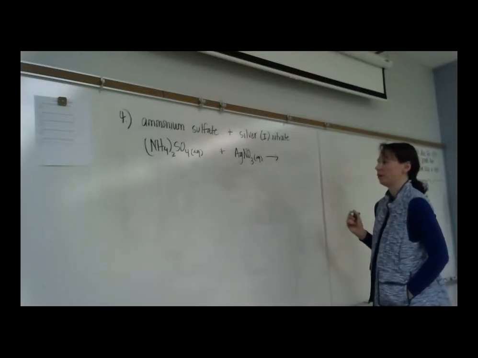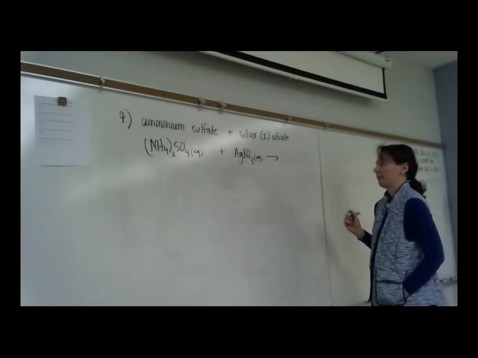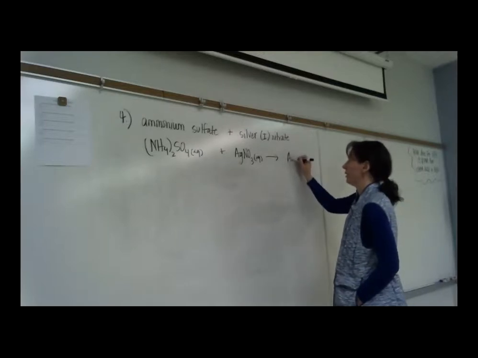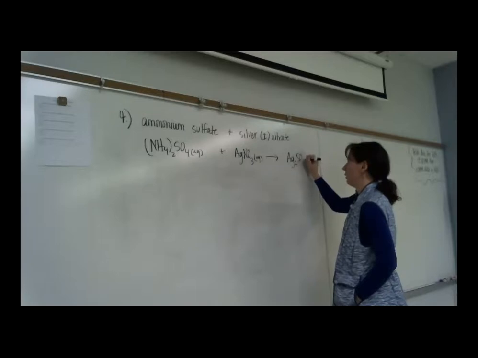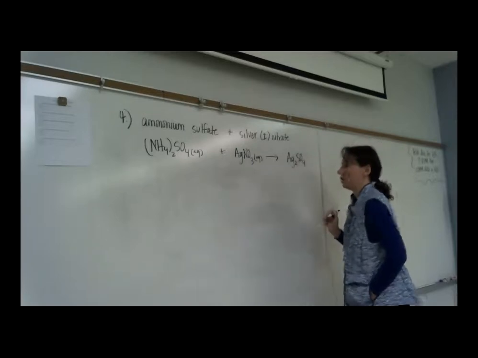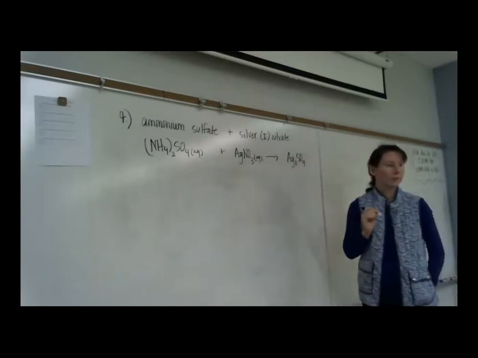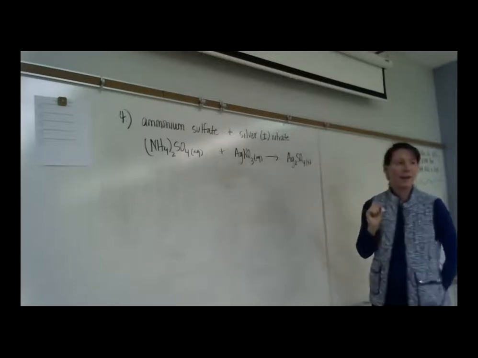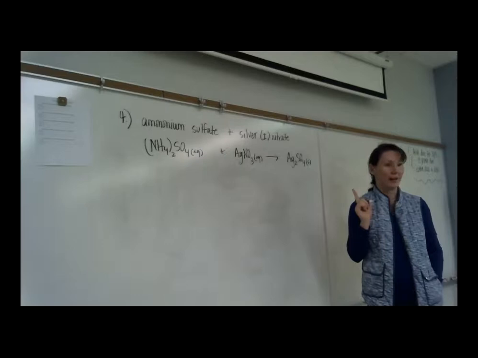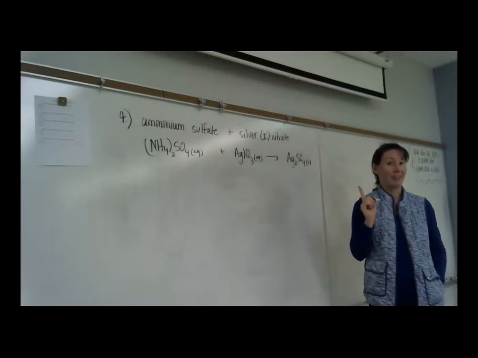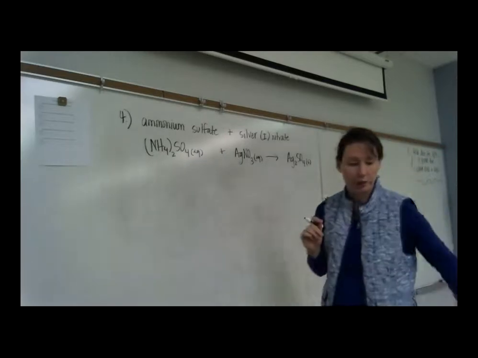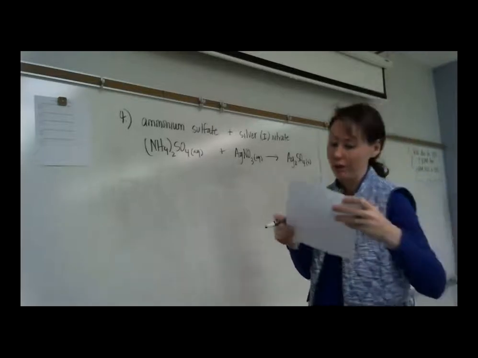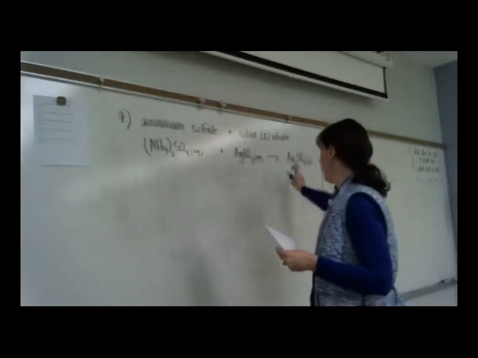When I do my double displacement, what am I going to get? What will the silver compound be? Ag, what? 2 SO4. Is that soluble or insoluble? That one's insoluble, right? So it has the s. S does not stand for soluble, right? S stands for solid. If you look at your solubility chart, salts of sulfate are all soluble except Ag+.